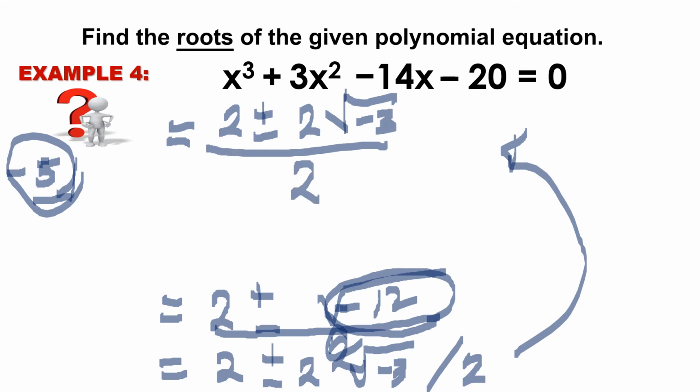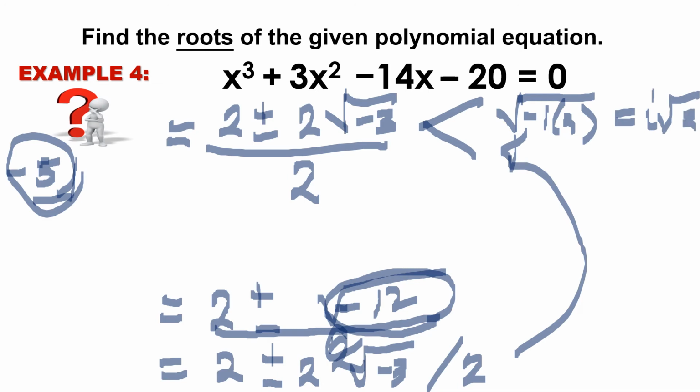But take note, negative 3 is not yet acceptable because we have a negative inside. So we have to find a way. Negative 3 is the same as negative 1 times 3, so that we can bring out the square root of negative 1, which is i, and then 3 will stay inside. So it's quite long.